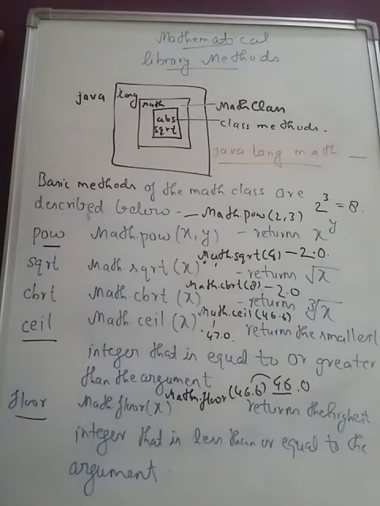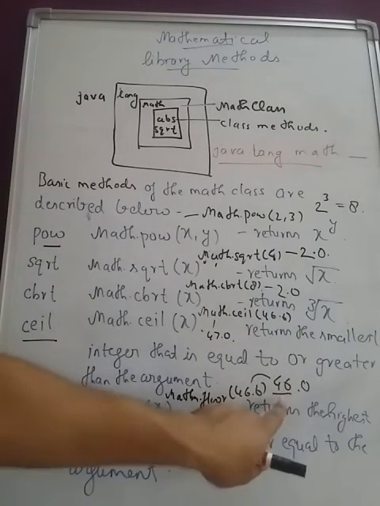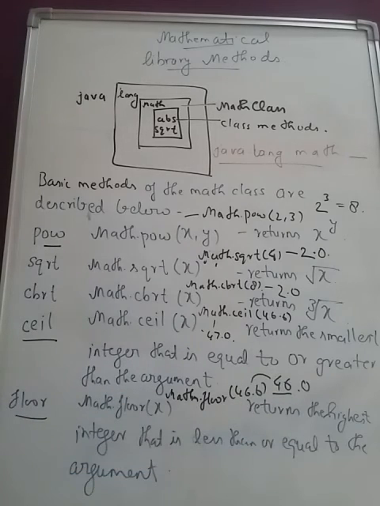Why? Because floor selects the highest integer that is less than or equal to the argument. When you consider 46.6, the highest integer less than or equal to the argument is 46, so we have selected 46 here.